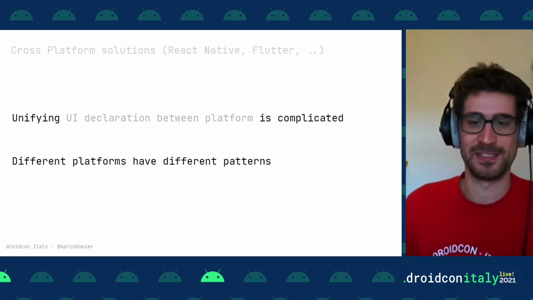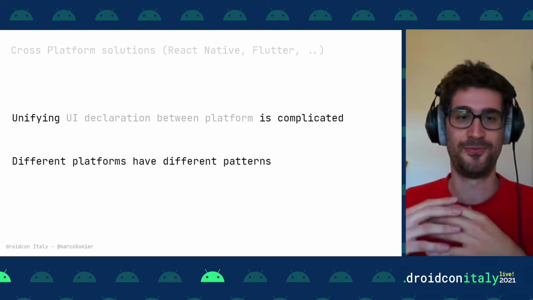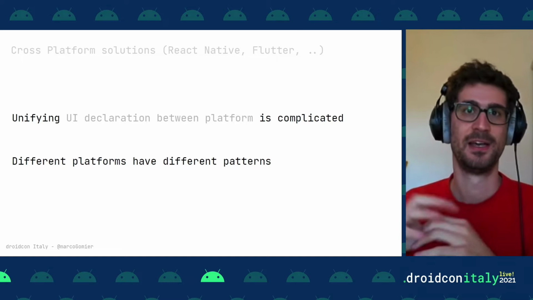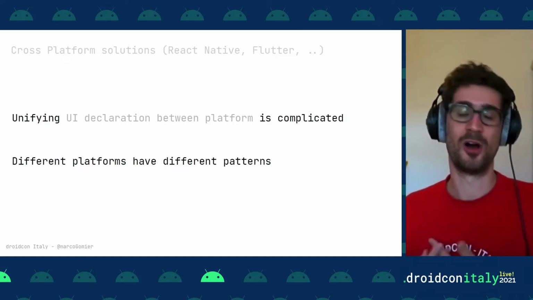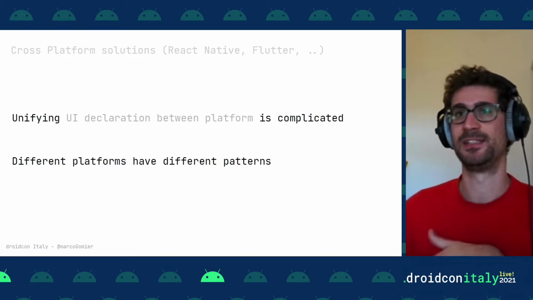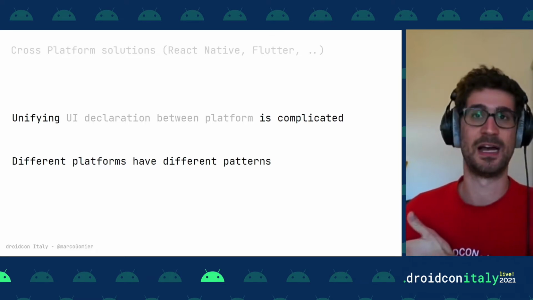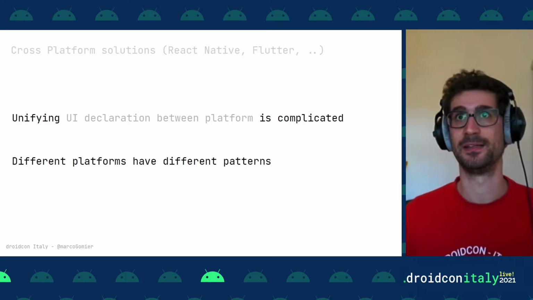They are different things, basically. So trying to find something that connects and unifies these two different things comes with a compromise, and it's not an easy solution. So there could be some problems.